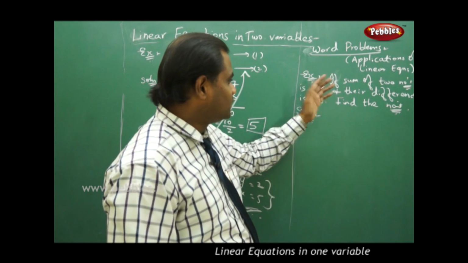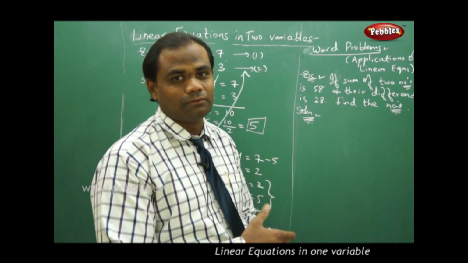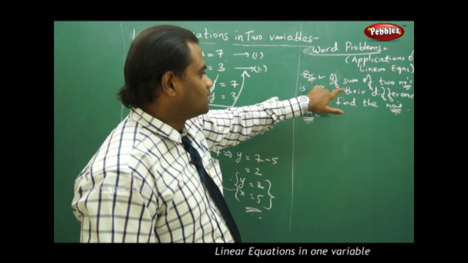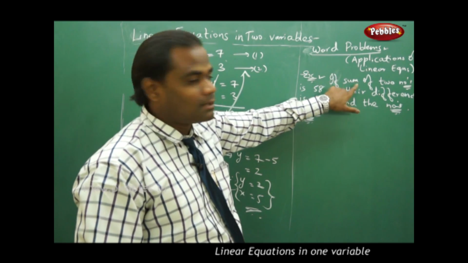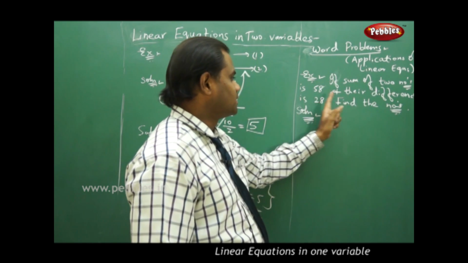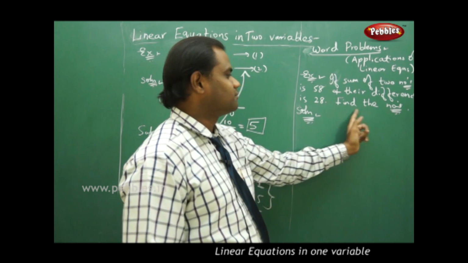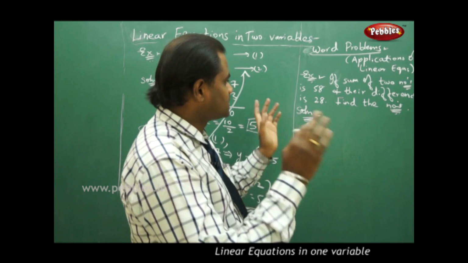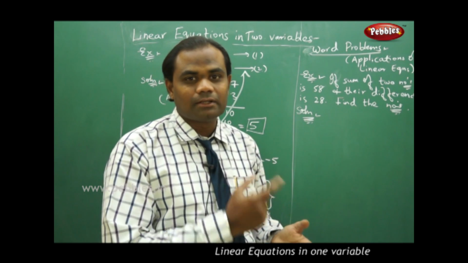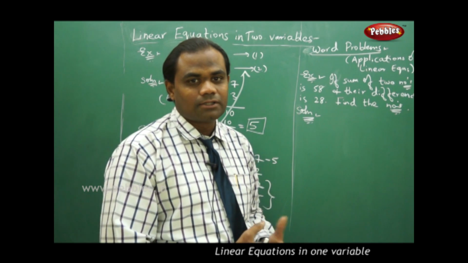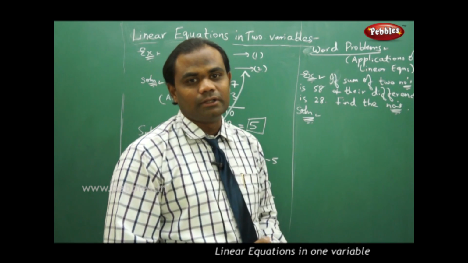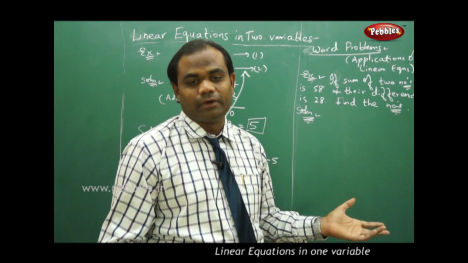Let's see an example of how word problems can be solved. The question says: if the sum of two numbers is 58 and their difference is 28, find the numbers. I understand this question to be given completely in word form, but when I convert it into mathematical equations, I identify them to be linear equations in two variables.